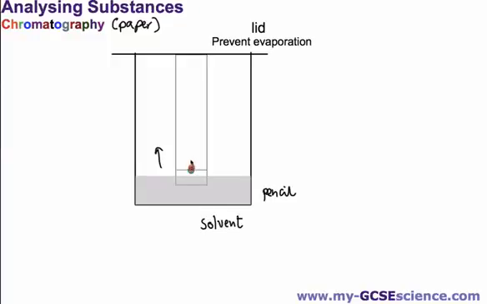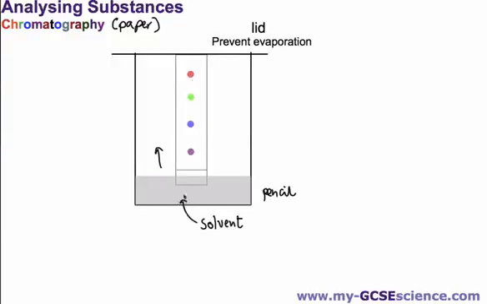Some of the colors will move quite high up, some will not move as far, and you end up with a pattern that looks something like this. The reason they separate out is that some dissolve very easily in the solvent and move up quickly. Some don't dissolve as well and move up slowly, and because some move slowly and some more quickly, they separate out like so.